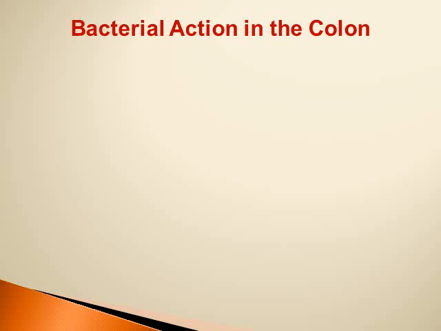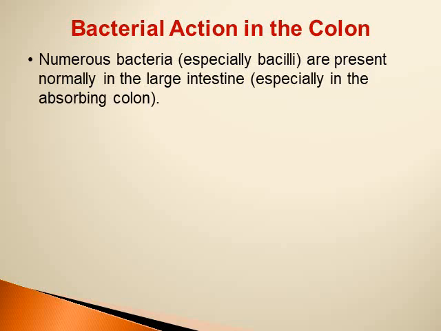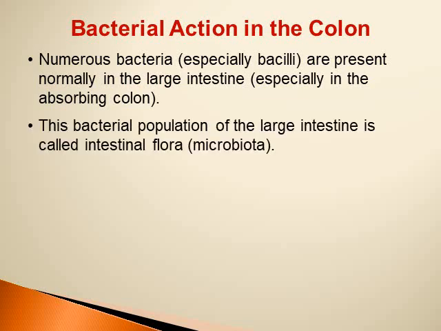Let's quickly talk about the bacterial action in the colon. Numerous bacteria, especially bacilli, are present normally in the large intestine, especially in the absorbing colon, in the proximal part of the colon. This bacterial population of the large intestine is called the intestinal flora or the gut microbiota.